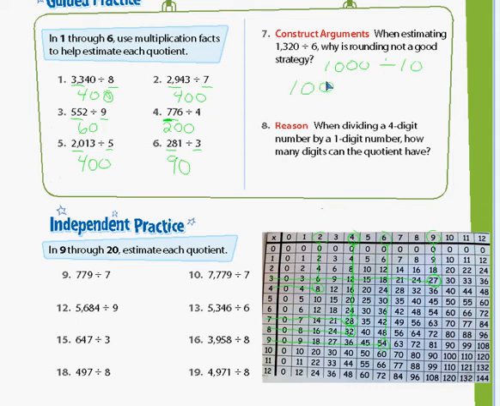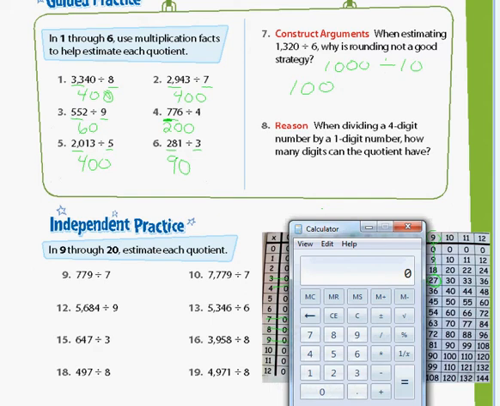Okay, and let's check that compared to what it would actually be. So if I take my calculator right here, and I go ahead and do 1,320 divided by 6, what's it equal? Equals 220, and that's way off.